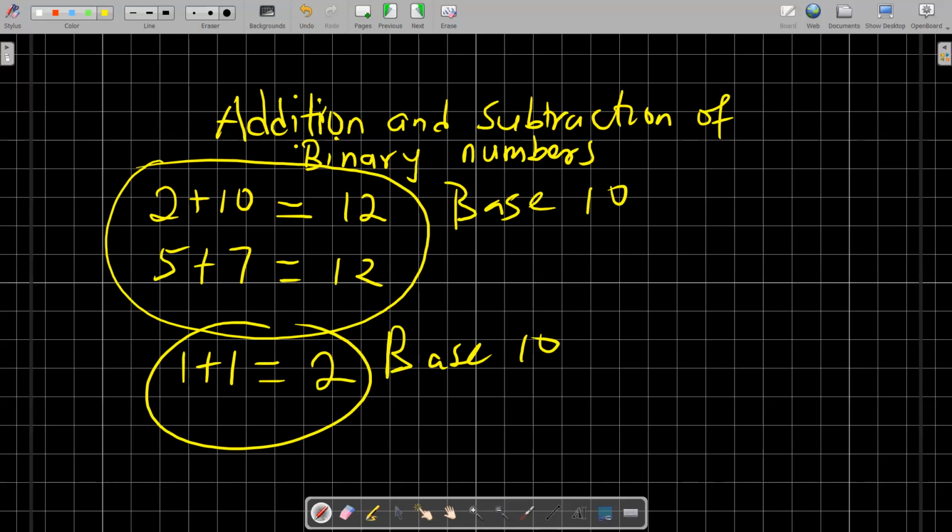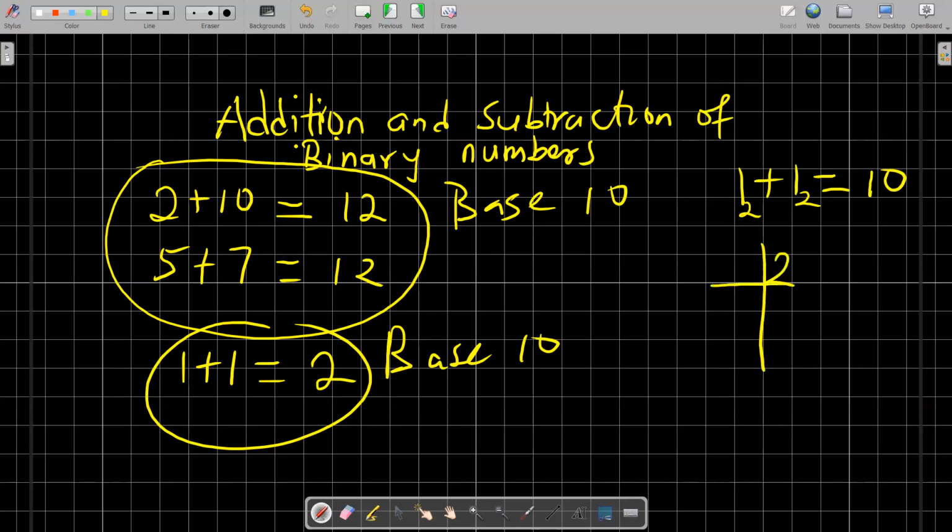Are you aware that 1 plus 1 can also be equal to 10? Ask me why. Because if this were to be a binary number, so 1 plus 1, assume it is a decimal number, 1 plus 1 is 2.